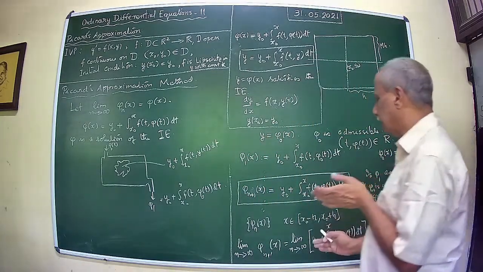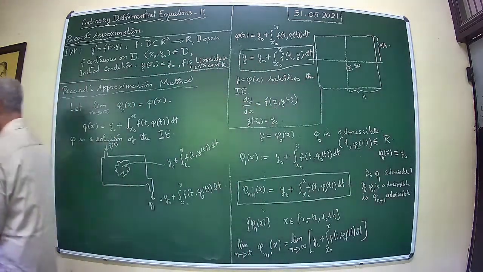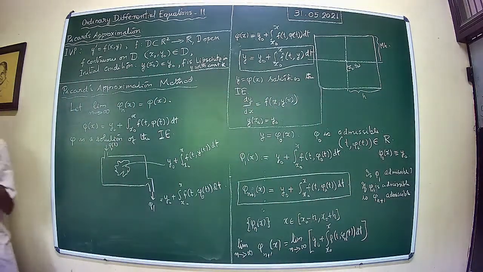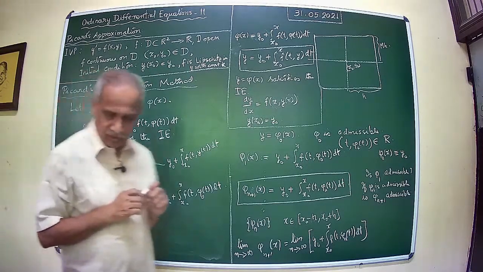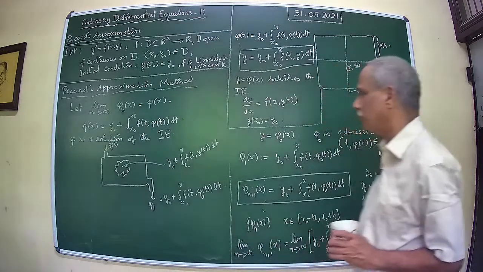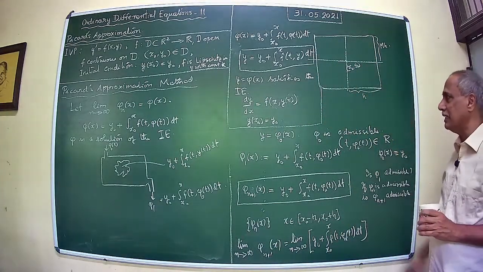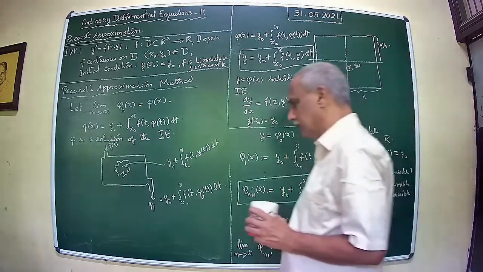You have to show that this sequence of functions converges to a limiting function. Okay, so that limiting function also should naturally be admissible.